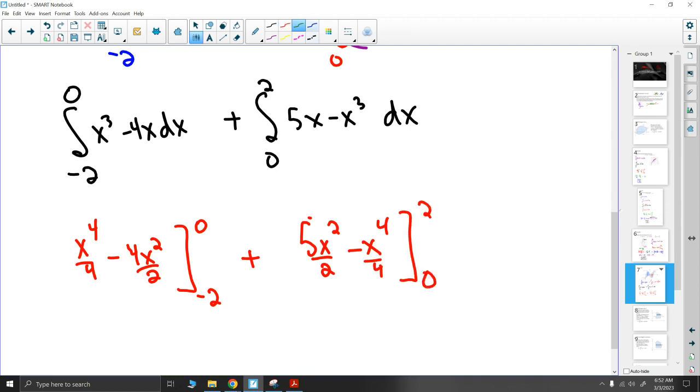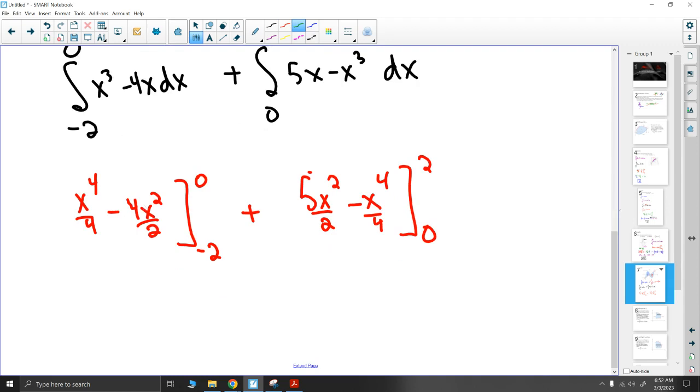Okay, so plugging in 0 here, we get a 0, nice and simple, minus -2 into this, that's to be a positive, 2 times 2 is 4, times 2 is 8, times 2 is 16, so that'd be a positive 16 over 4, minus a positive, so this is just 2 here, so minus a positive 4 times 2 is 8.